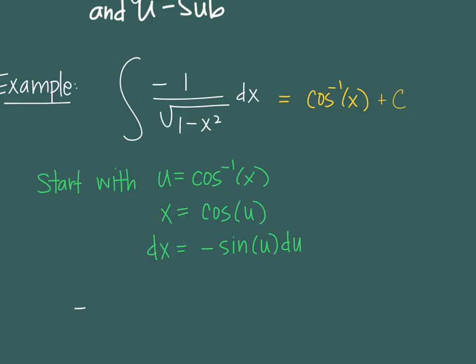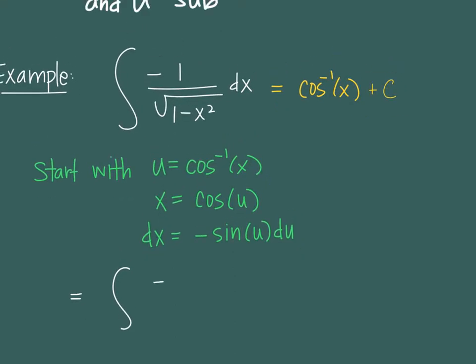Now I'm going to do the substitution into the integral. So the integral will become negative 1 over the square root of 1 minus, okay, 1 minus what?